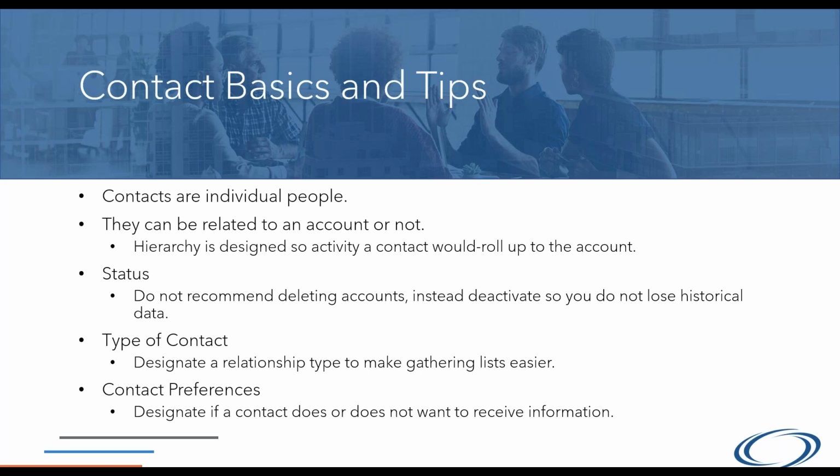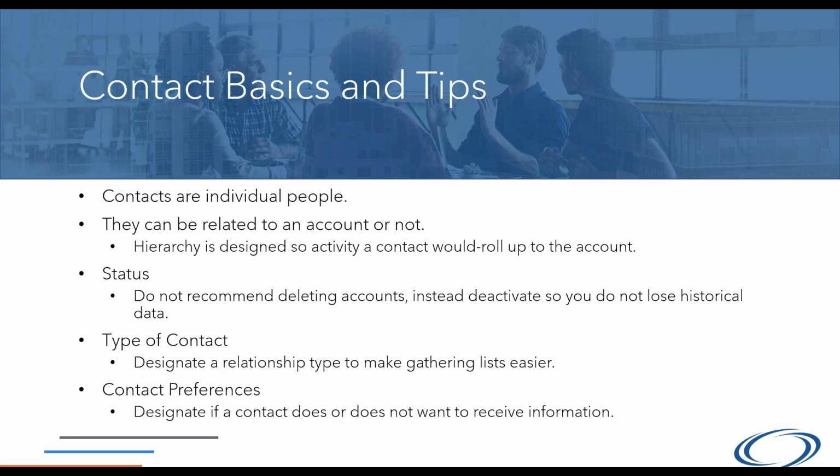A couple other things that I would recommend when working with contacts, and we'll look at that on the form in the demo in a moment. The type of contact. You have the ability to designate a relationship type. This can be beneficial when you're gathering lists or you want to look for all your customers. You can have a relationship type of customer, vendor, partner, things like that.